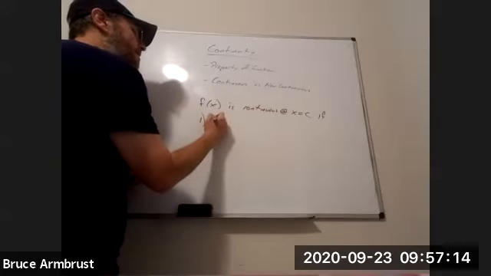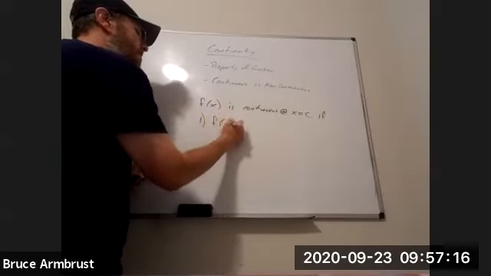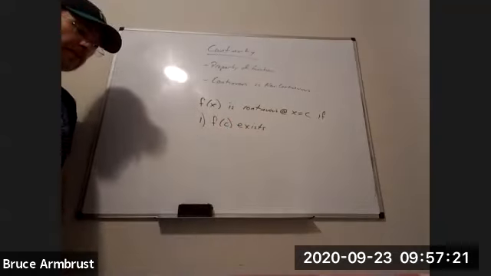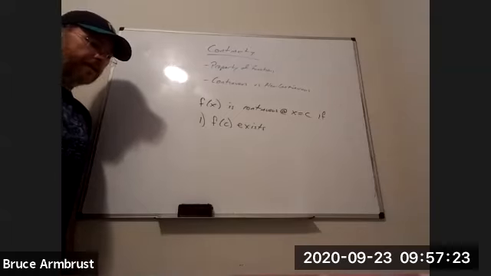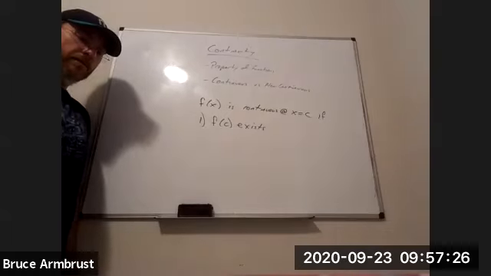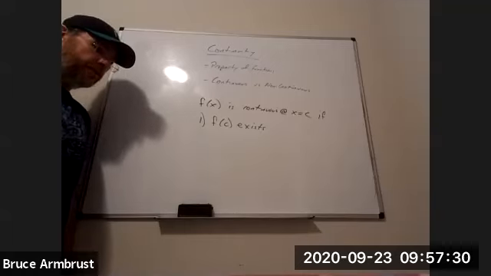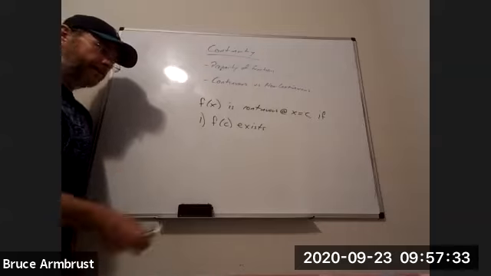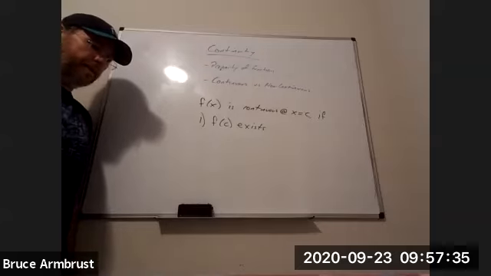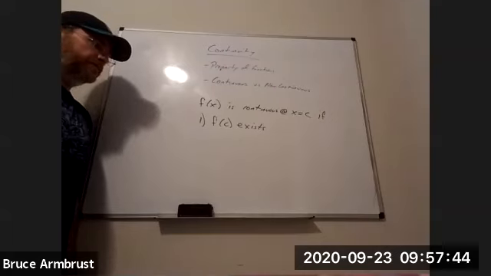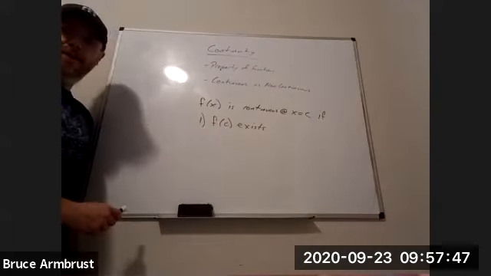The first is that the function exists at that point. So you can actually plug in the value and get a number out. If it's not defined at that point, it's not continuous at that point. So think about all the times that we ever say divided by 0. Those are places where the function's not continuous. So that's one of the things that has to happen.